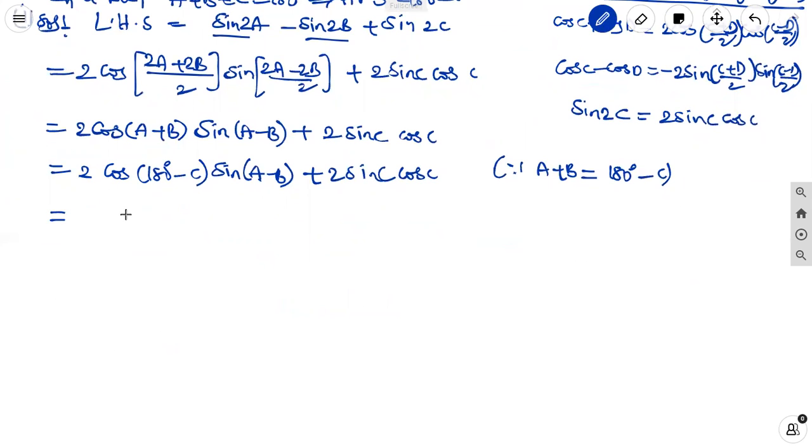In the second quadrant cos is negative, so it is minus 2 cos C sin of (A minus B) plus 2 sin C cos C.